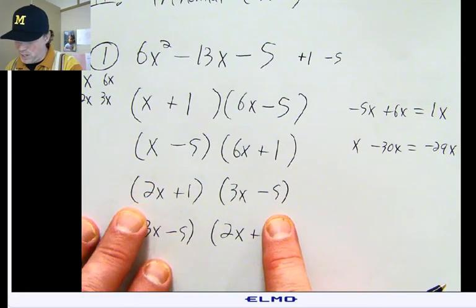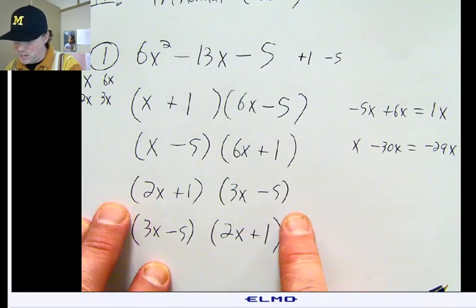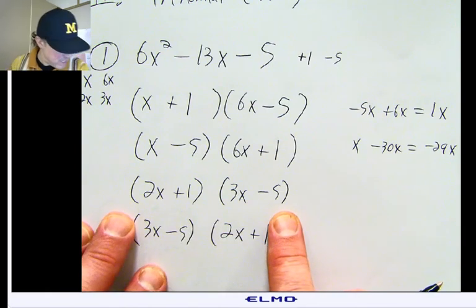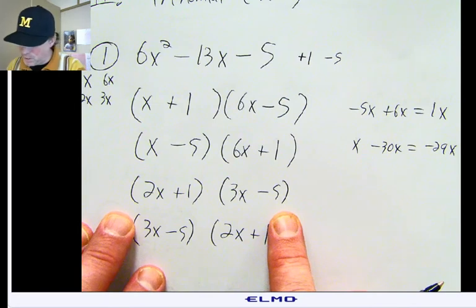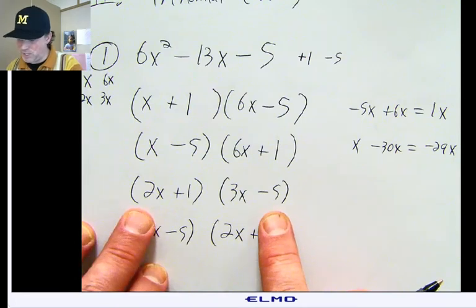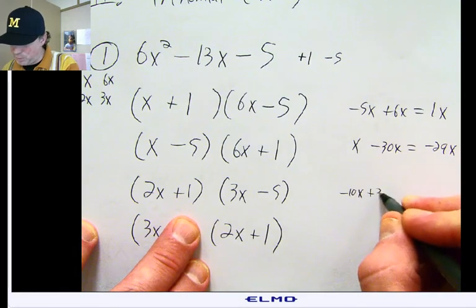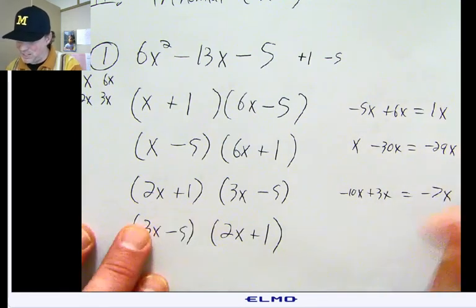Negative 10... Wait a minute. Has Elliot made a mistake here? Something ain't right. I'm not sure yet. I'm going to have to think about this. Negative 10x plus 3x is negative 7x.